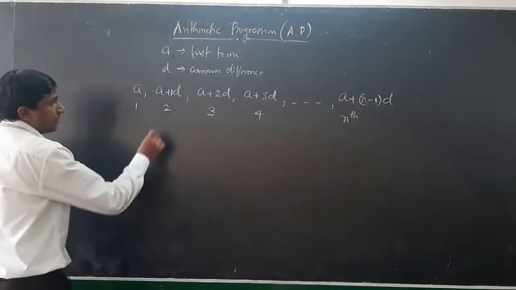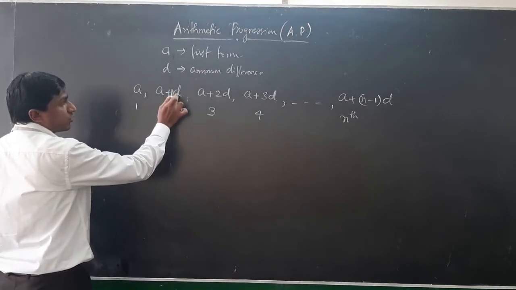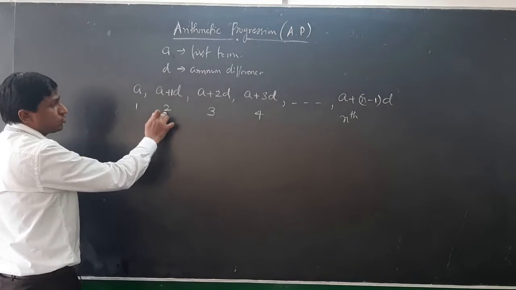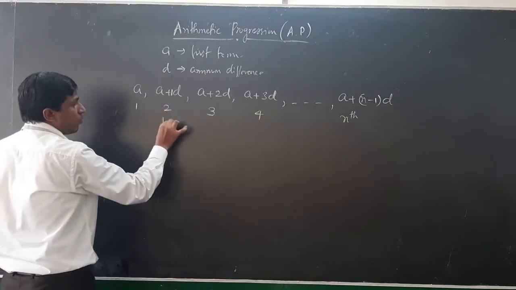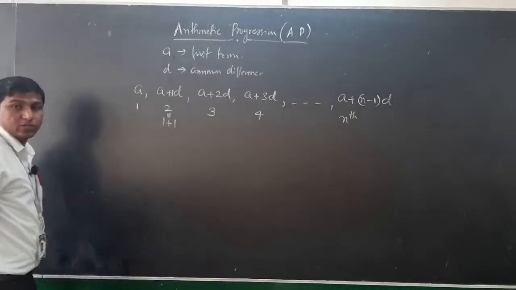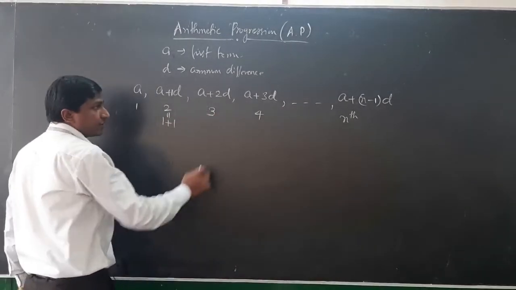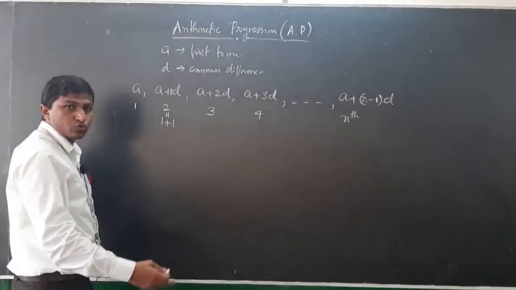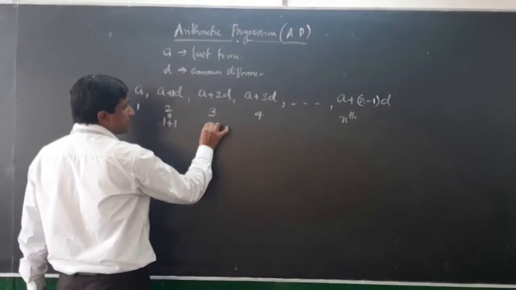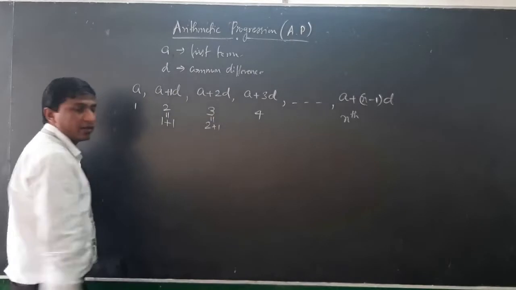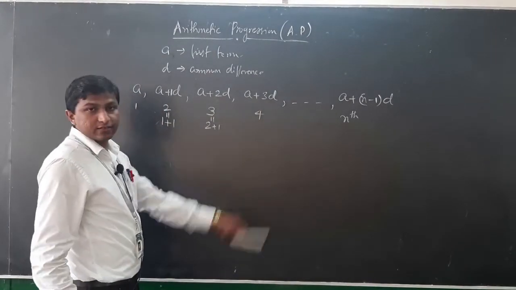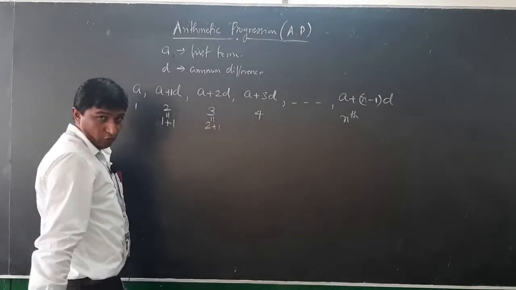You can see here when the coefficient of d is 1, position is 2. So I can write 2 as 1 plus 1. Similarly here, coefficient of d is 2, position is 3. I can write 3 as 2 plus 1. Similarly here, coefficient of d is 3, position is 4.